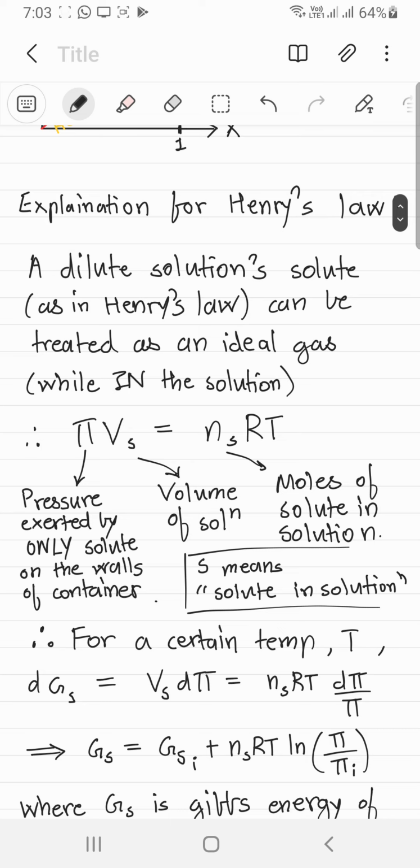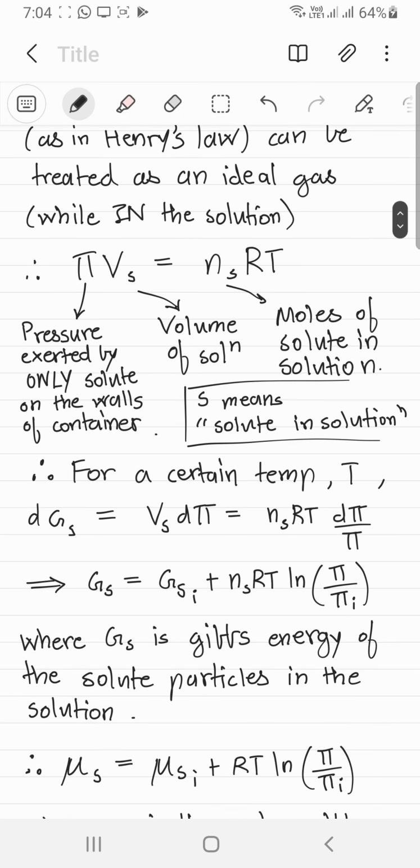When we take a dilute solution, the solute can be treated as if it was an ideal gas. Yes, you heard me correctly. For that, we can write the equation PV equal to nRT, just modified a little with different symbols.